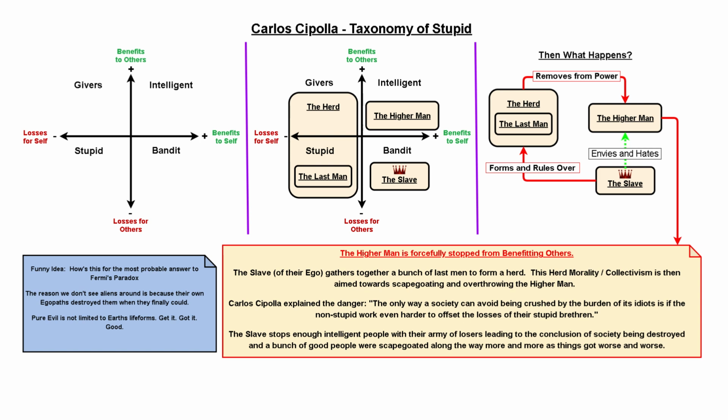Then under givers, you have the herd, and under stupid, you have the last man. You can have people in the herd who are genuinely trying to do the right thing, but they're causing losses to themselves. They are benefiting other people. They're benefiting the bandit for sure, and they're benefiting other people in the stupid category, but they're not helping themselves, and that can be a problem.